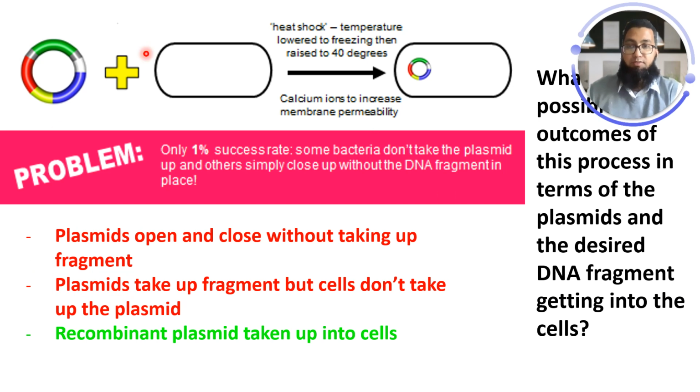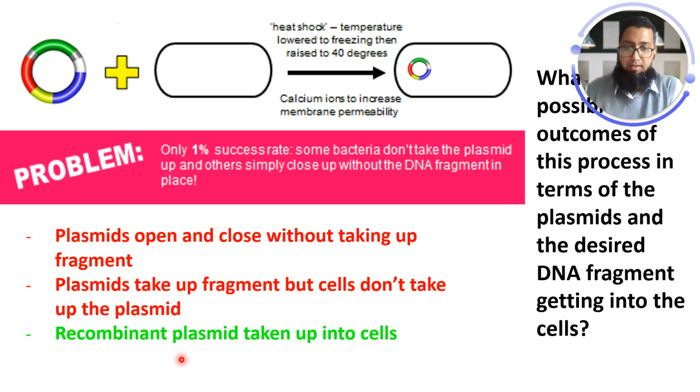And the three reasons I'm showing you here, what can happen. Whenever you have your recombinant plasmid and a host cell, you have three outcomes. Number one, the plasmid opens up and it closes back again, so without the DNA fragment, so you form your own plasmid. Number two, the plasmid takes up the fragment, so it's good, it's recombinant, but it does not enter the bacterial cell.